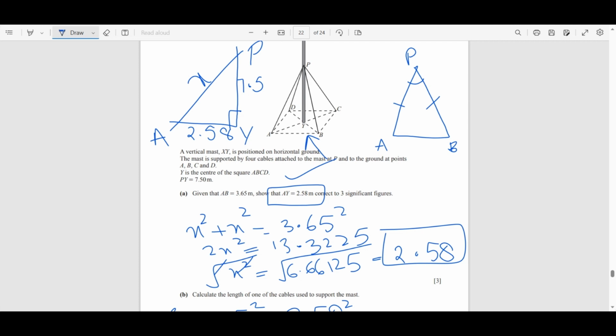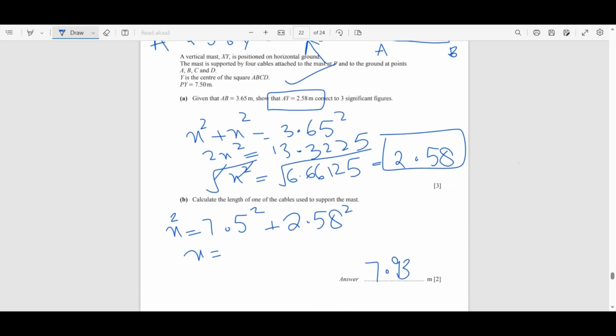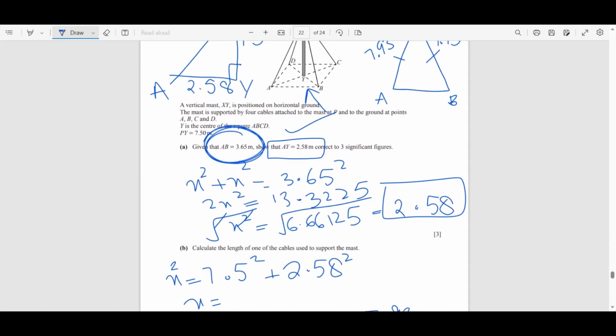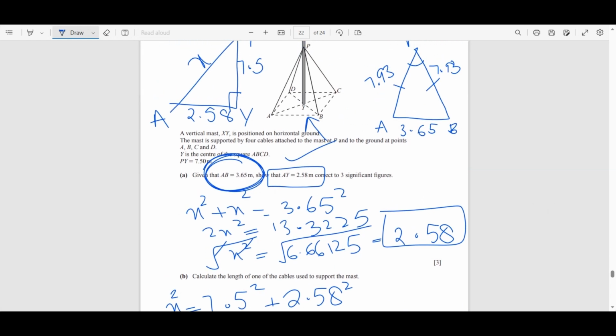Now, if you want to find this angle, you need three sides and an angle, so it's the cosine law. PA we just found out is 7.93, and PB also has to be 7.93, and AB from the question is 3.65. So this is using the cosine rule. The angle opposite to 3.65 is the missing one, so that has to be the squared term before the equals sign.